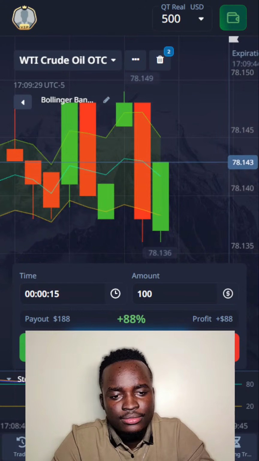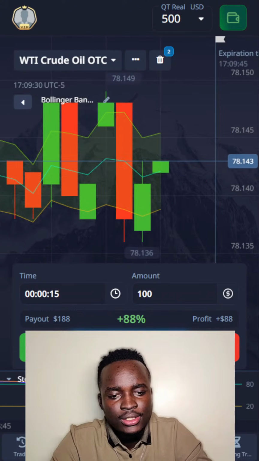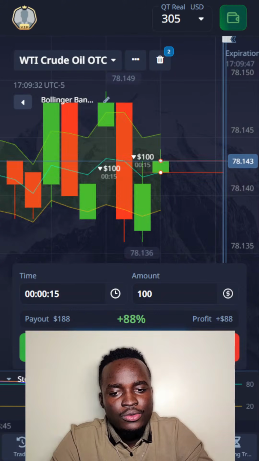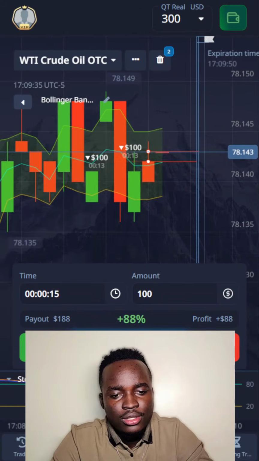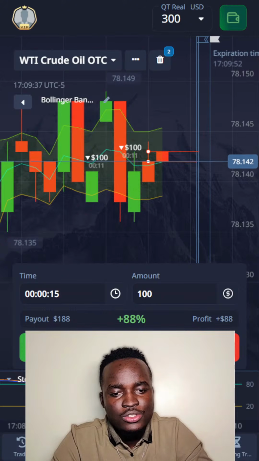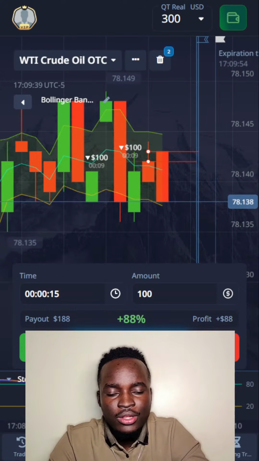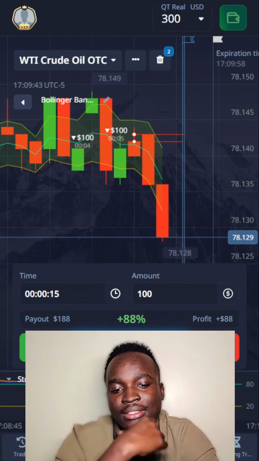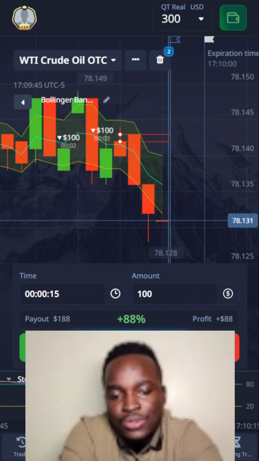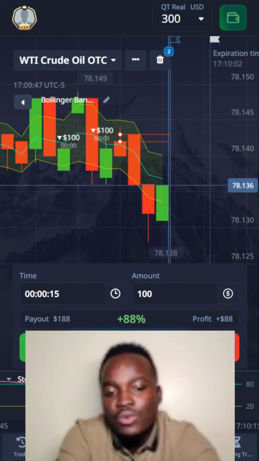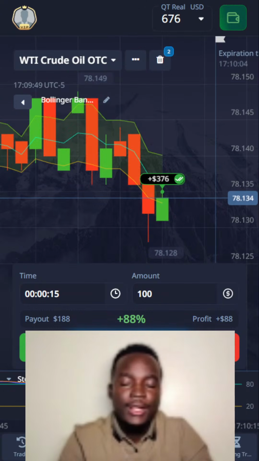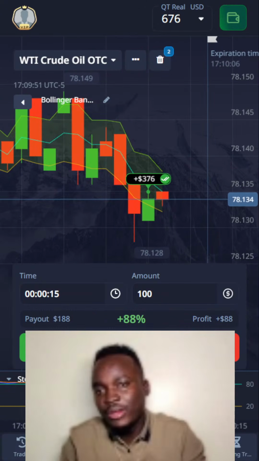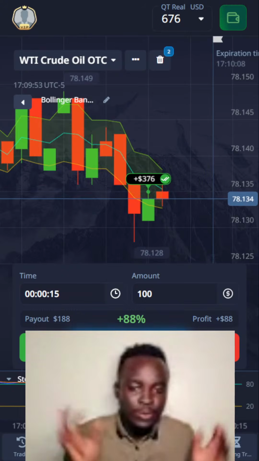Let's look at this carefully. Okay, that's a very good signal there. That was short. That's a very good signal, guys. If you've been learning about the Bollinger Bands, then you know what's happening here. The first sell candle came outside the bands, and now the inside candles also confirmed our trade that it's going to be a very good short. So I had to make a short there. And guys, I told you, with the best time frame, your trades are executed very well.